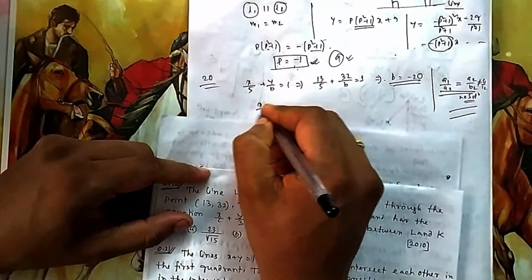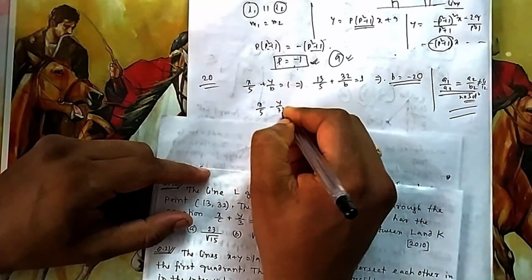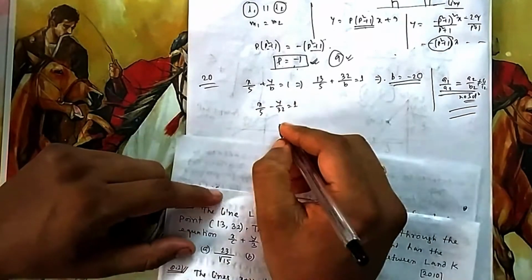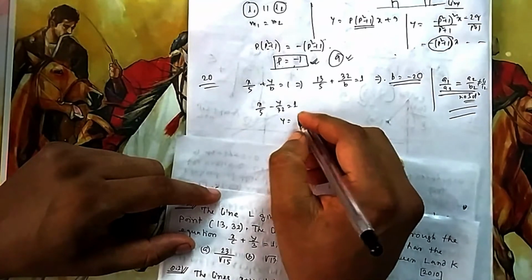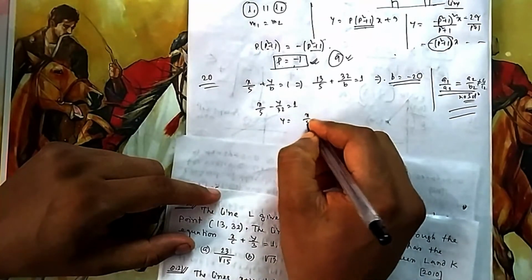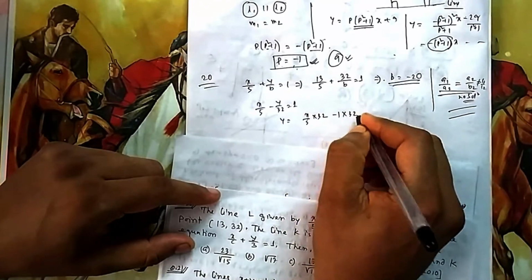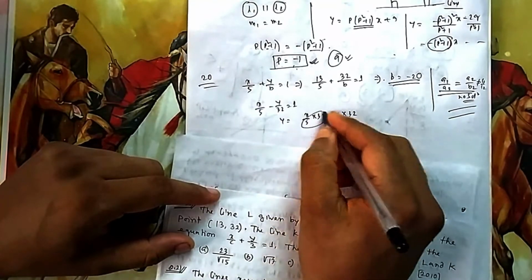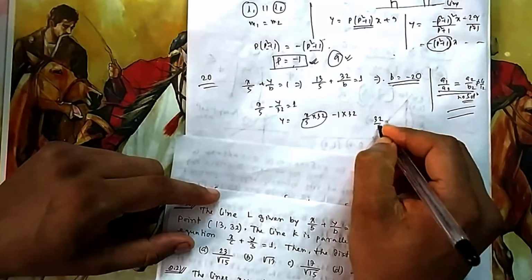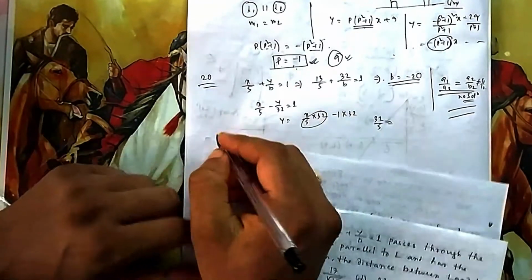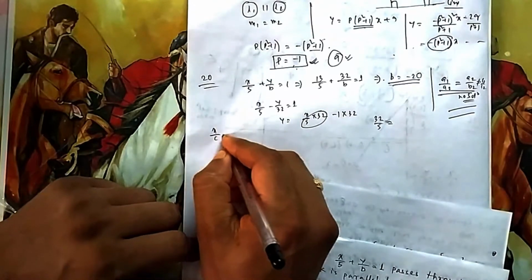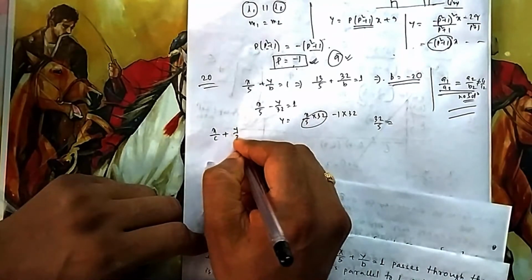So what is the first one? X by 5 minus y by 32 is equal to 1. So what is your y? Y is equal to x by 5 into 32 minus 1 into 32. So this is your slope, 32 by 5 here. So 32 by 5 should be equal to the slope of the other equation. So what is the slope of x by c plus y by 3 equal to 1?